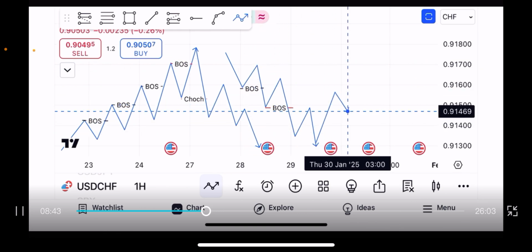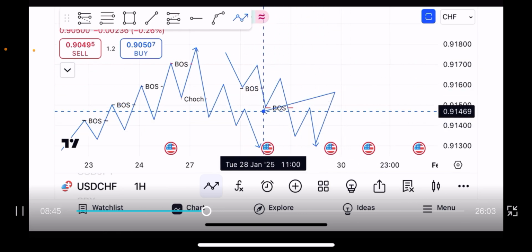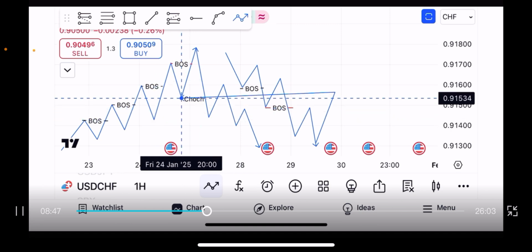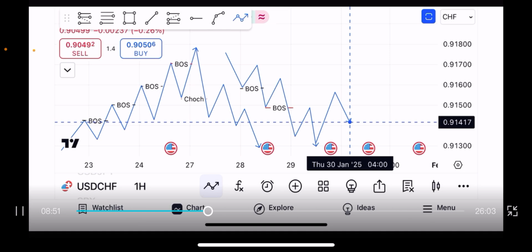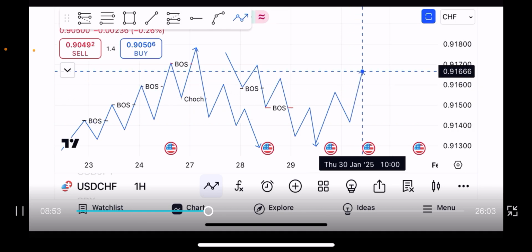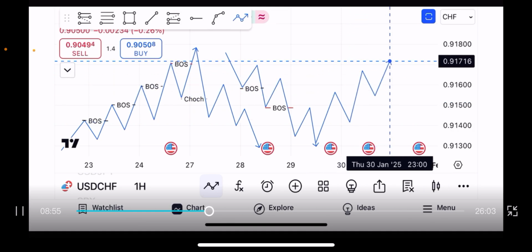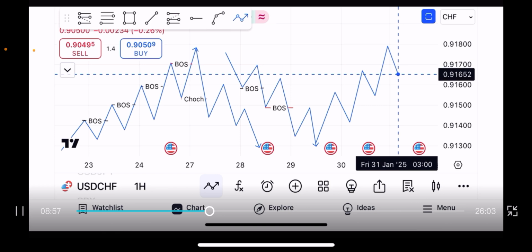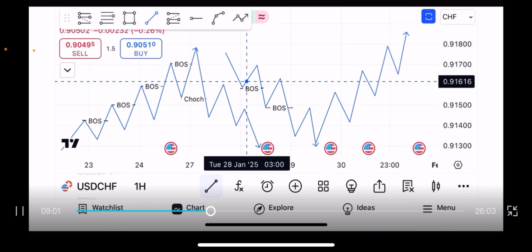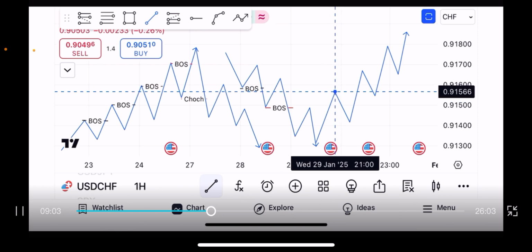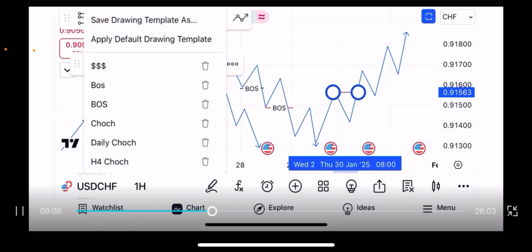So in a bullish trend, we are having something like higher low, higher low, higher low. So the same thing we have here: higher low, higher high, higher low, higher high, higher low, higher high. So this is why I say break of structure is continuation, because now that we are pushing up, this break of structure will be for continuation.